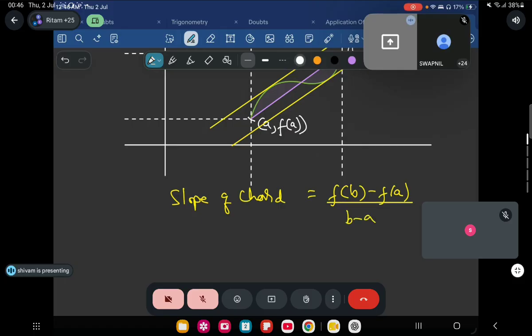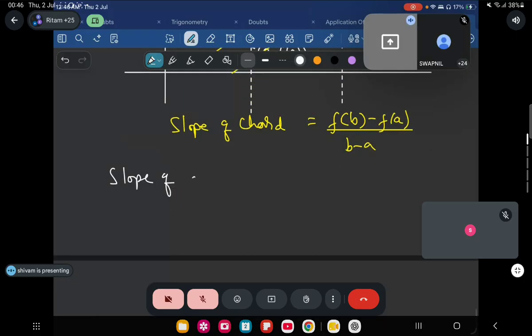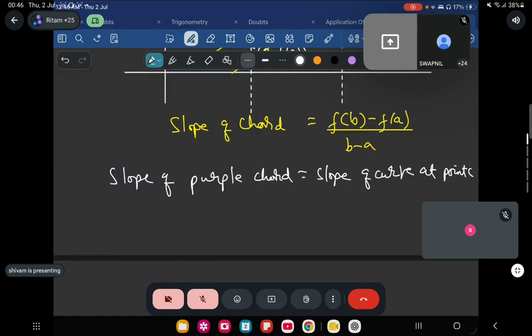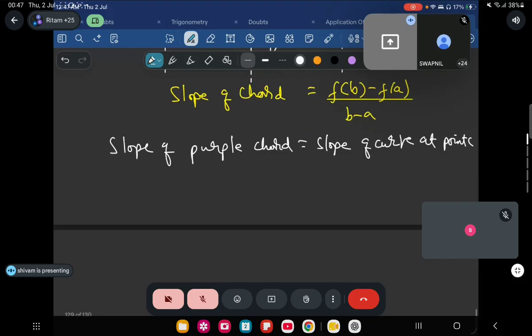The slope of the purple chord is equal to the slope of the curve at point C. And if anyone has any doubt, you can ask me.